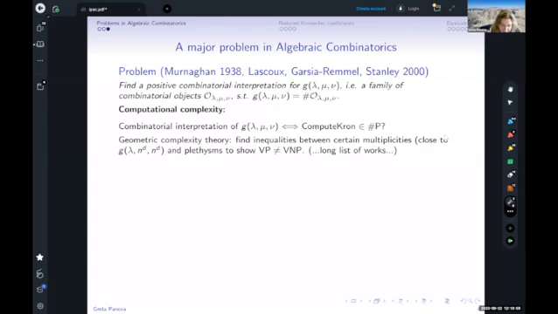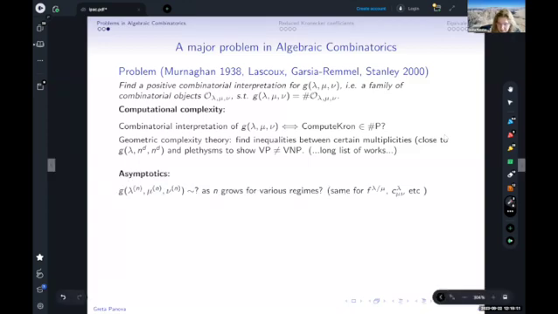Okay, so what else can we ask? We don't really have a combinatorial interpretation. We don't really have a lot of positivity results. We can ask about asymptotics. How do these coefficients grow? This is another area of research which has recently picked up, and I will mention some of these results in a moment.